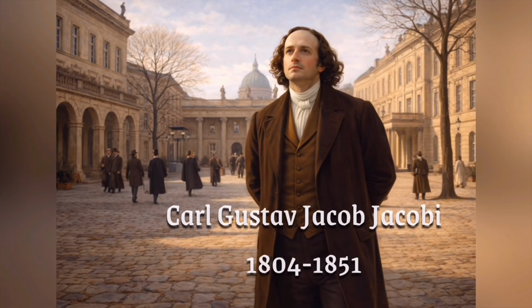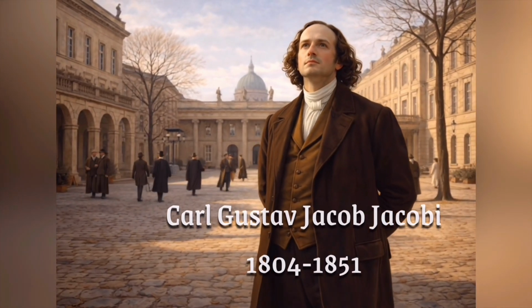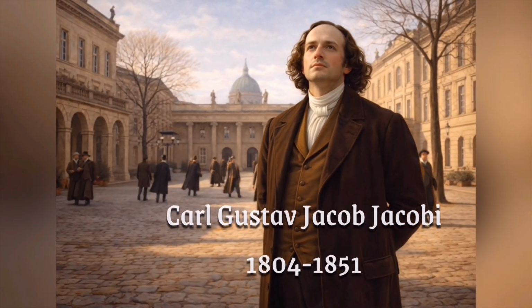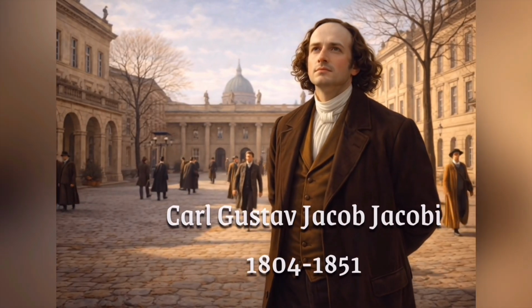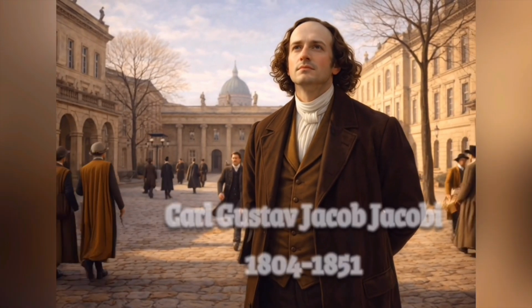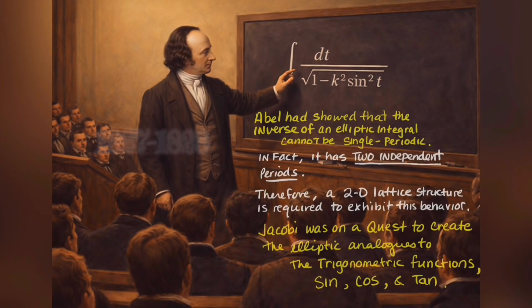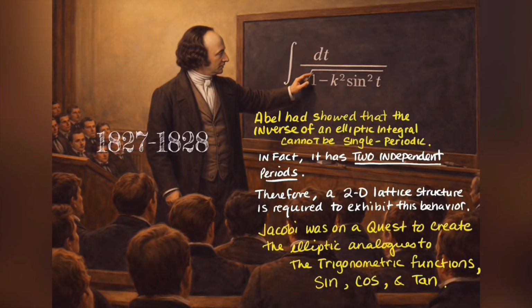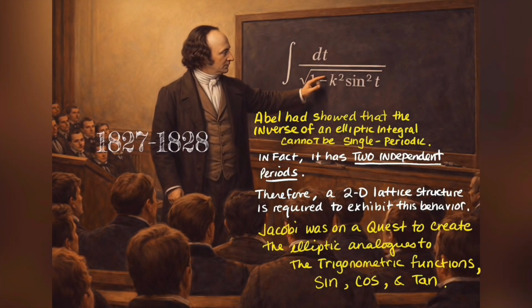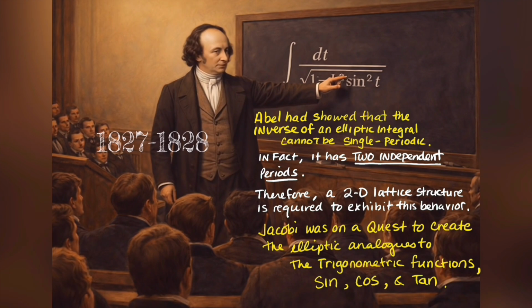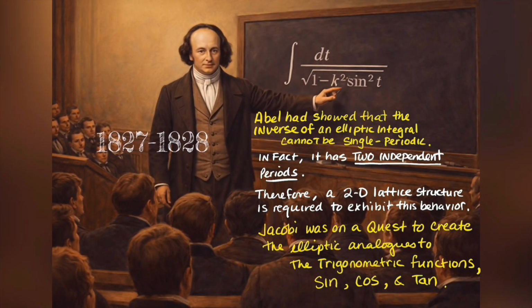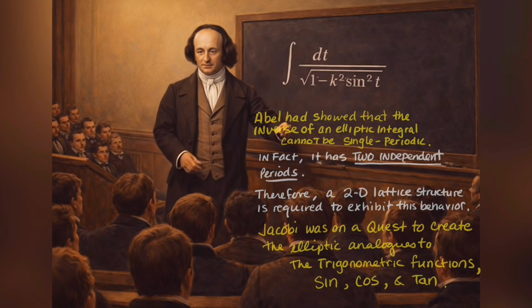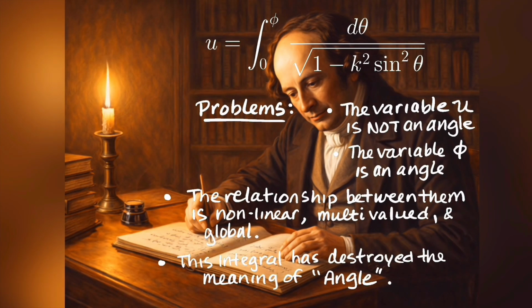Carl Gustav Jacob Jacobi lived from 1804 to 1851, and he lived a very different life than Abel, one with support and an academic network. When Abel's paper was brought to his attention, it inspired his obsessions with explicit forms and the problem of inversion.